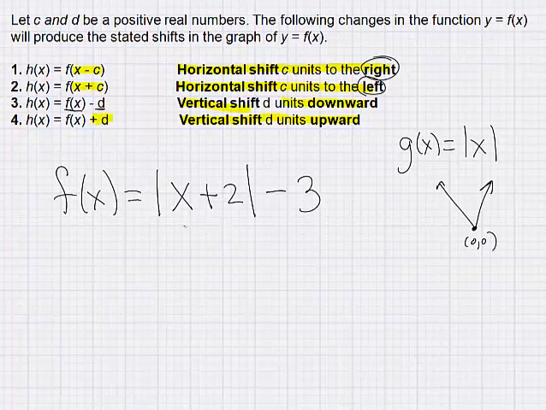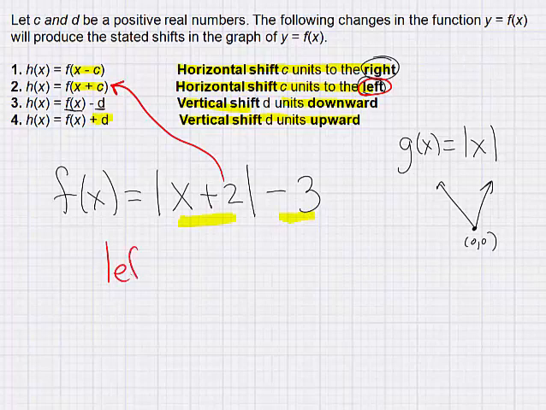So how is this graph different? Well, I have a plus 2 inside the function, inside the absolute value, and a minus 3 outside. So if I use a plus 2 inside, that's adding 2 inside, I should have a shift to the left.